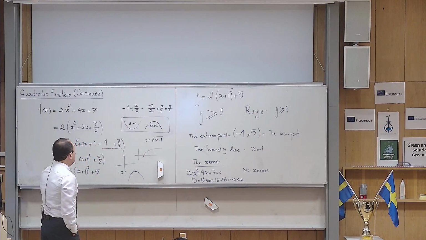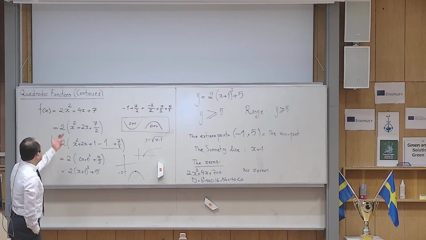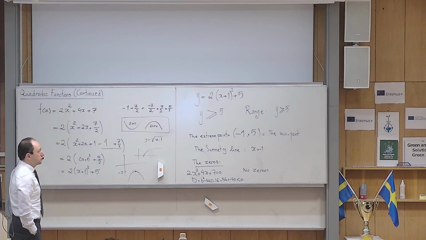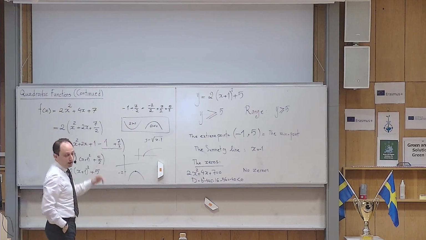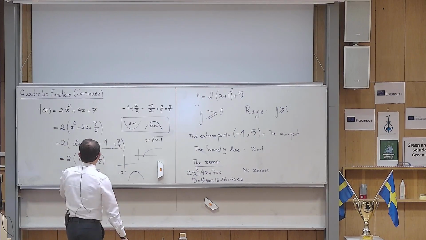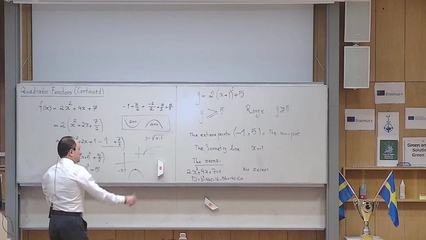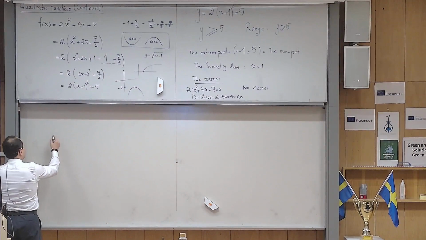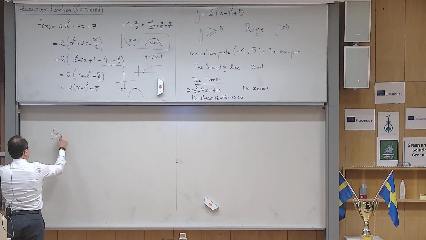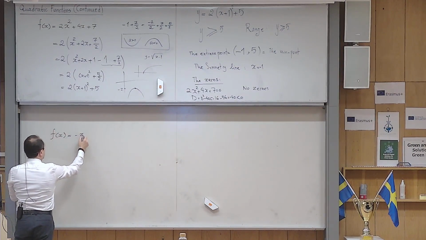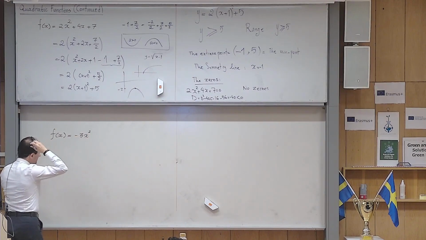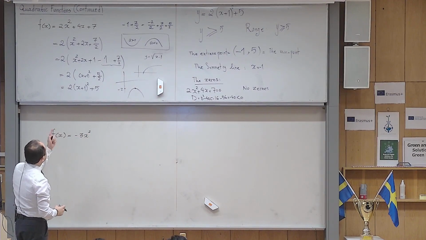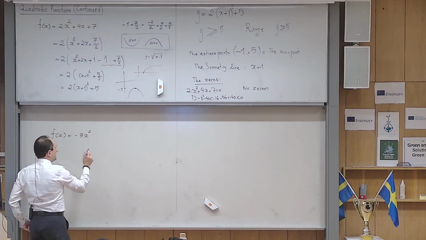So now I want to give you one more, but I want to make it negative. So we covered everything. It doesn't matter which coefficient you have here. Okay, so let me write this one. Let me write f of x equals to, this time let me write minus 3x squared. I want to make it a little bit hard because of the calculations, so be careful.